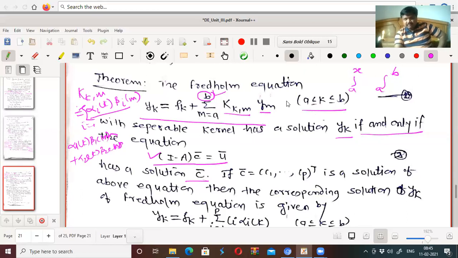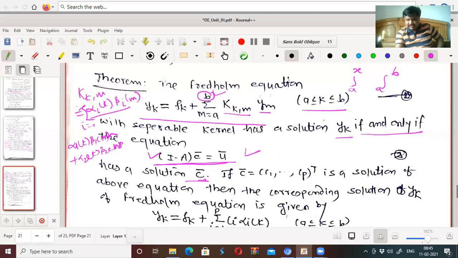So a Fredholm equation with separable kernel has a solution yk if and only if the matrix equation has a solution c. What is c? C1, C2 up to Cp, it's a transpose, isn't it? What about I minus A?